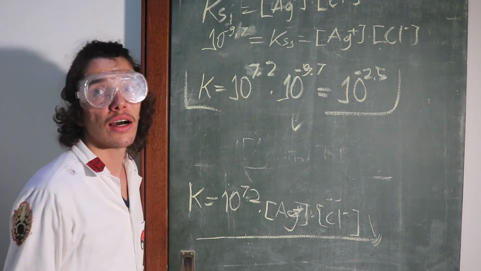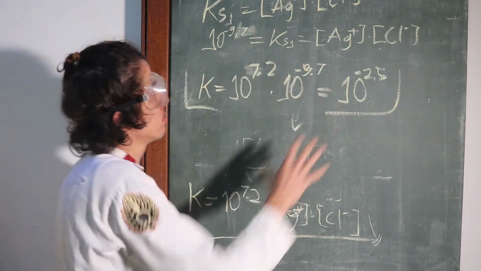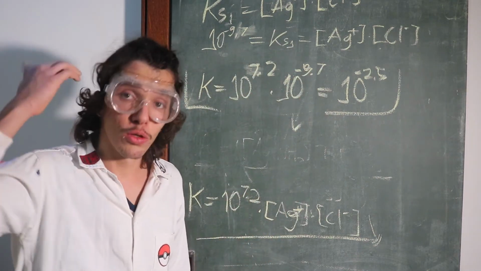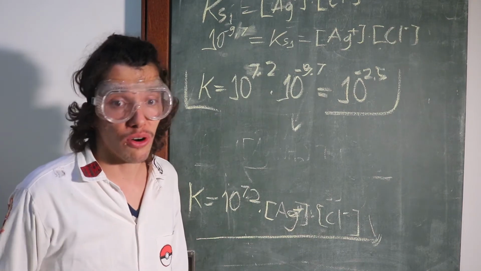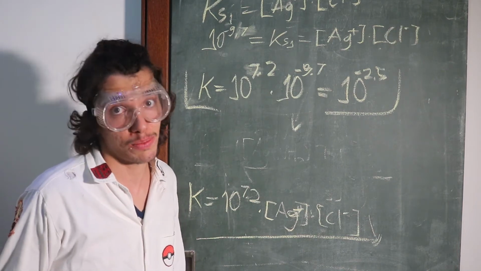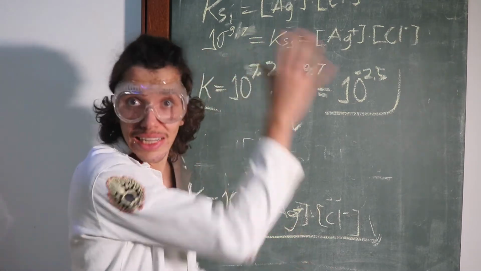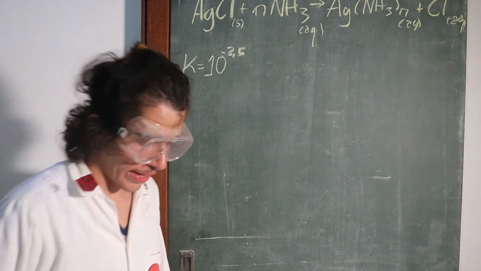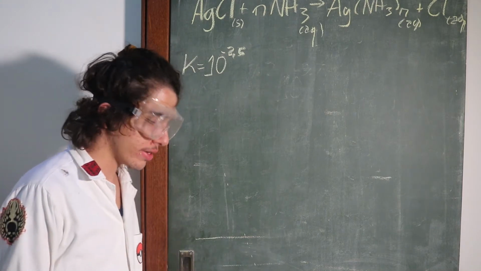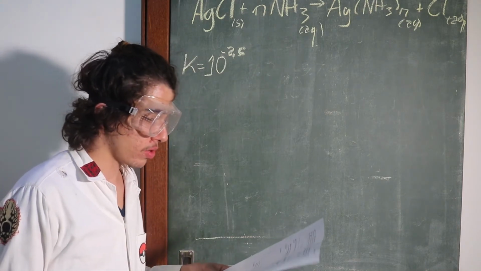Nice. I'm going to clean the board so we can do the next one, because the next one is fairly more interesting in some aspects. Let me clean this. Right, so let me read our next problem.